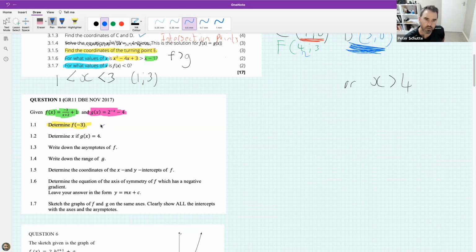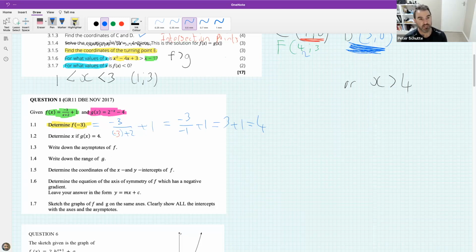So I take the function f, and wherever there is an x value, I put a minus 3, plus 2, plus 1. So we get minus 3 over minus 1, plus 1. That's 3 plus 1, and that's going to be 4.